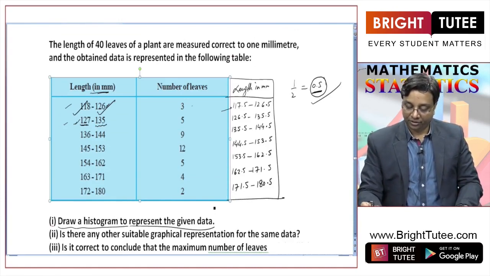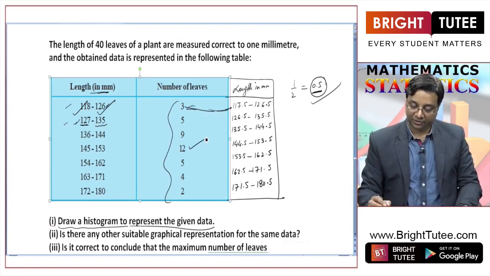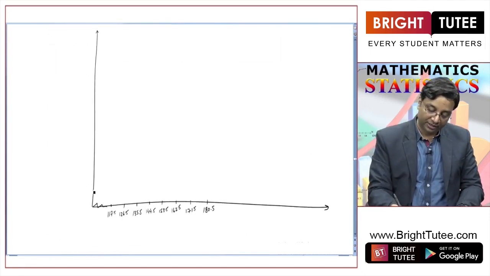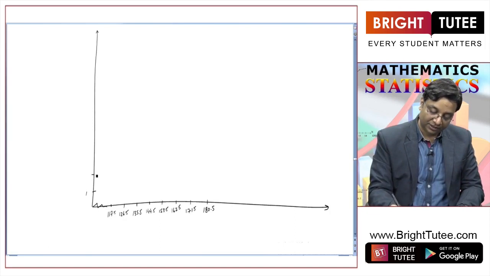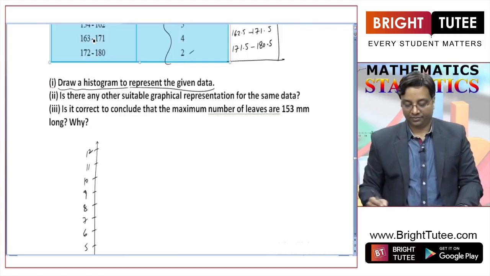Now see, corresponding to this class, the number of leaves is 3, and here if you see, the maximum number you have is 12 and the lowest one is 2. So let me take the suitable class interval as 1, 2, 3, up to 12.